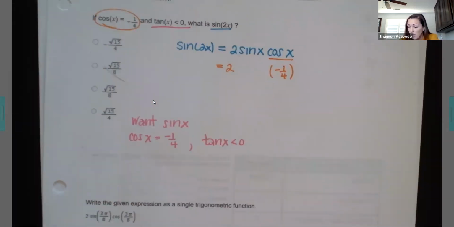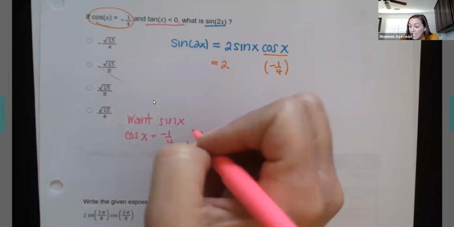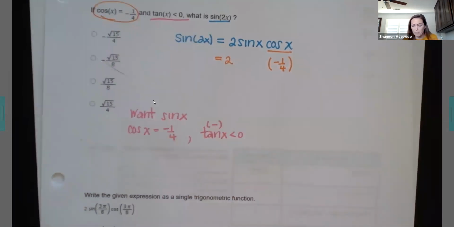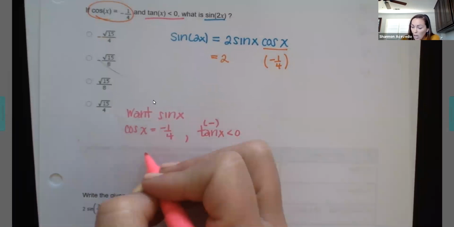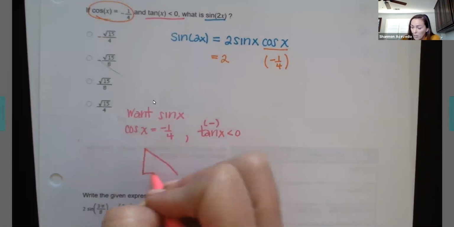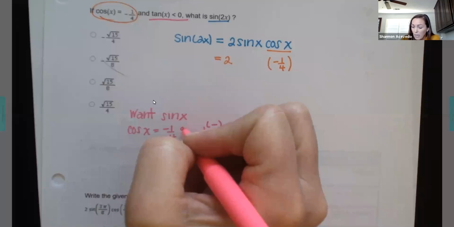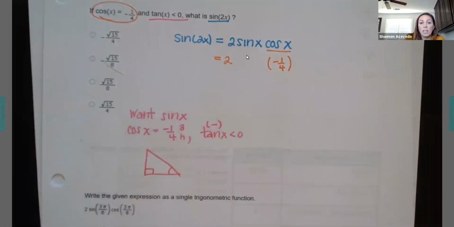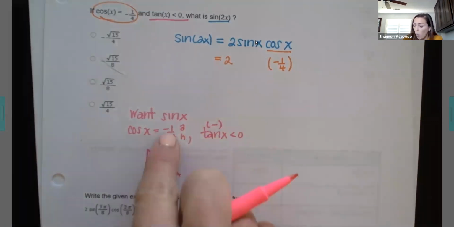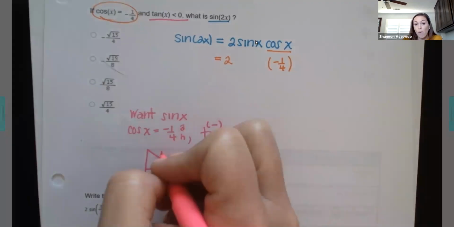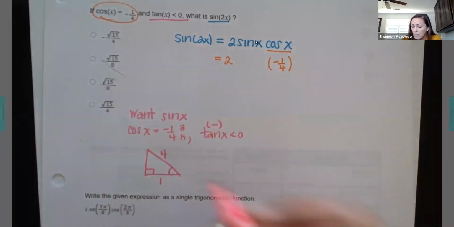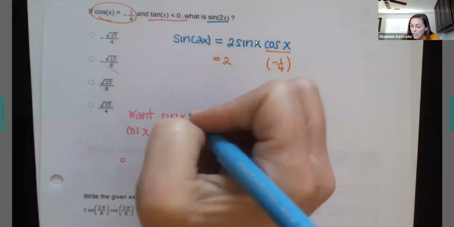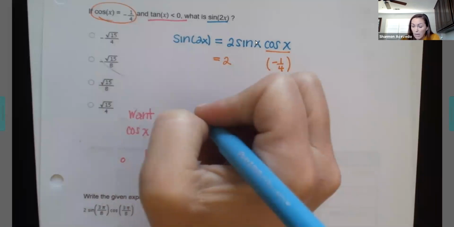Well, if it's less than 0, then it has to be a negative number. So tangent has to be a negative value. I use this information to help create my triangle. This is my adjacent over my hypotenuse. So if I have a right triangle, my adjacent side is going to be a value of 1. My hypotenuse is 4, then I need to figure out what my opposite side is because I want sine. Sine is going to be opposite over my hypotenuse.